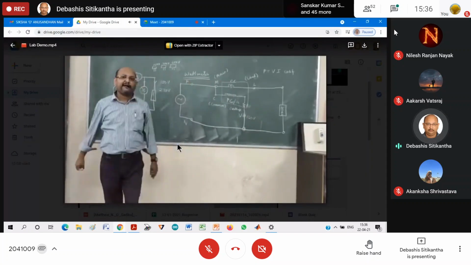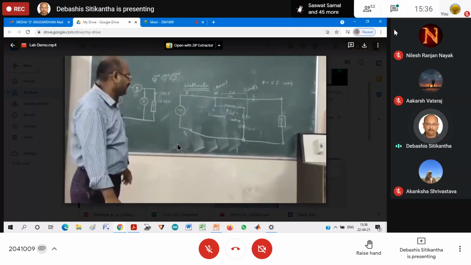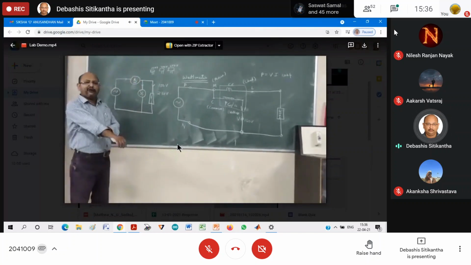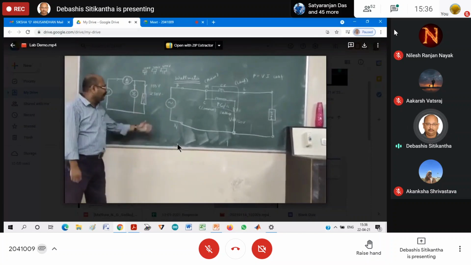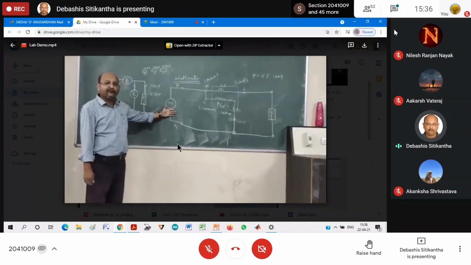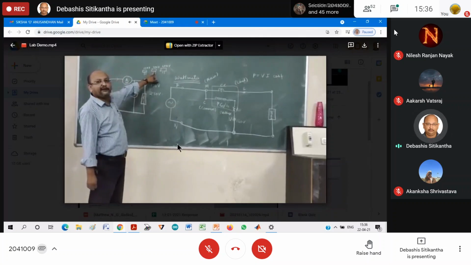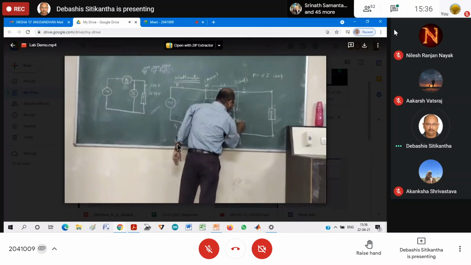Don't worry, I will show you practically when I connect a wattmeter to a circuit in the next class. Now suppose I want to measure the power consumed by that particular load from this AC source of 230 volt. For this, which point will I choose? Obviously 300 volt. So I will connect it to 300.